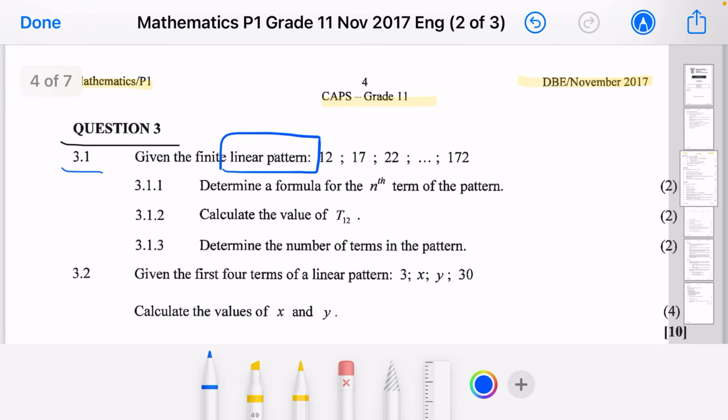So obviously, guys, in this case, as you can see, we are given that pattern over there. Let's try to confirm if indeed this given pattern is an arithmetic pattern. How do we confirm, ladies and gentlemen?